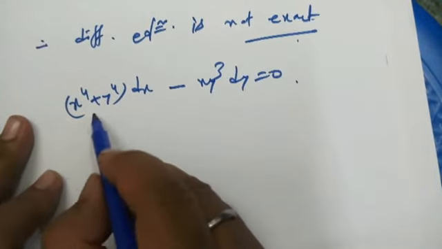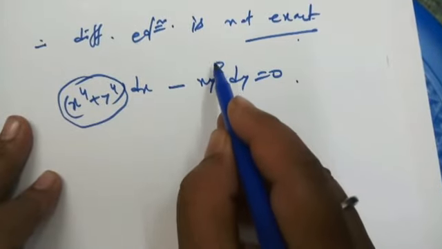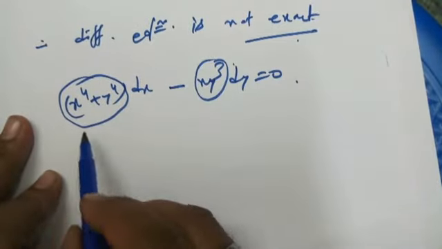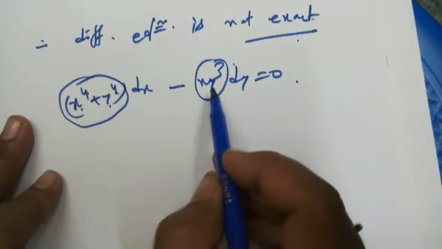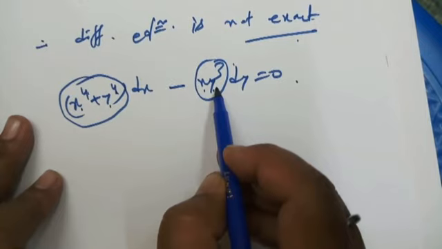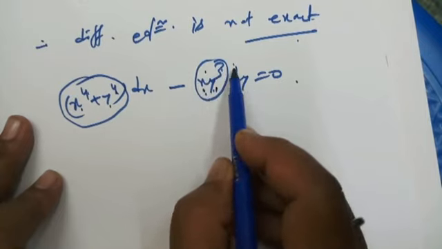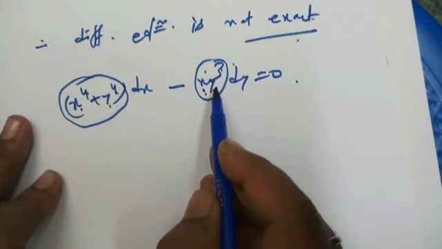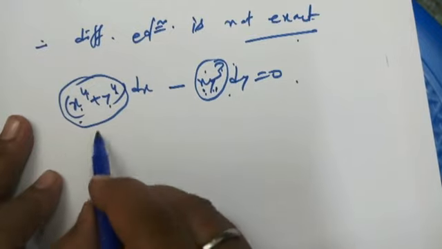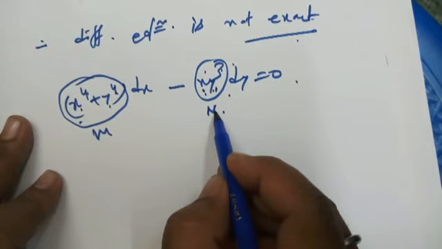Carefully observe: the first term has x power 4 y power 4, and here x y cube. The power of x is 4 and the power of y is 4, and in the other term the powers of x and y are 1 plus 3, which is 4. So the total of all powers is 4. This matches rule number 1. Both M and N are homogeneous functions of the same degree in x and y.